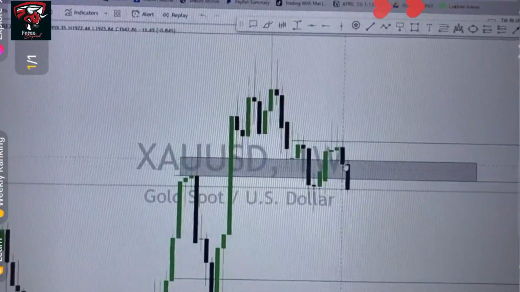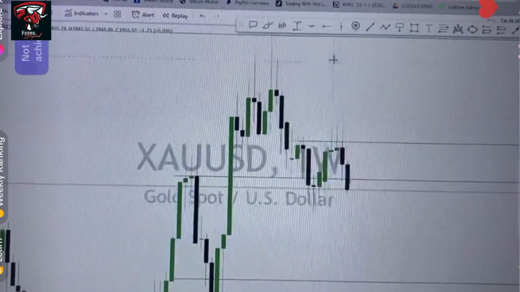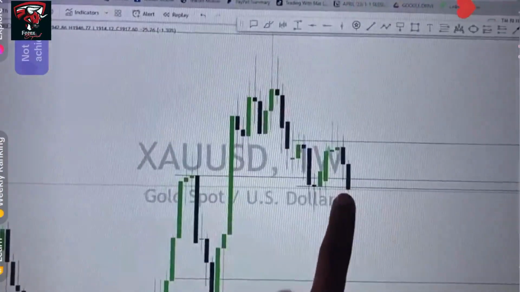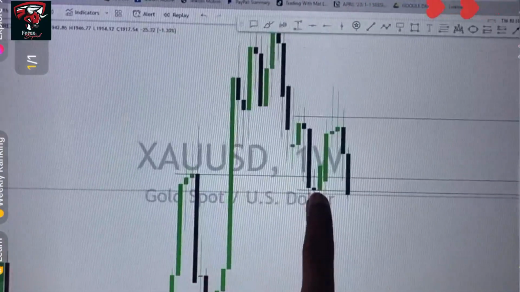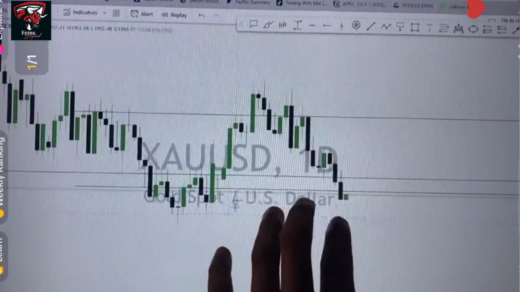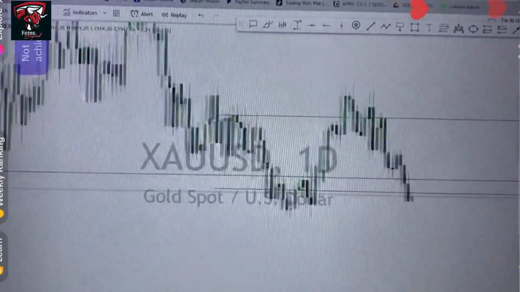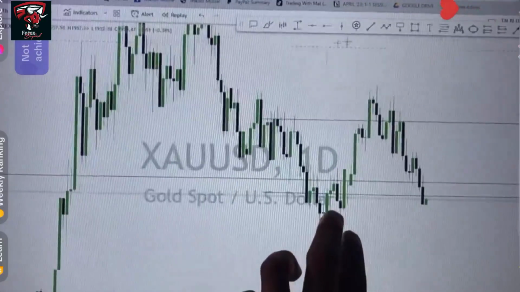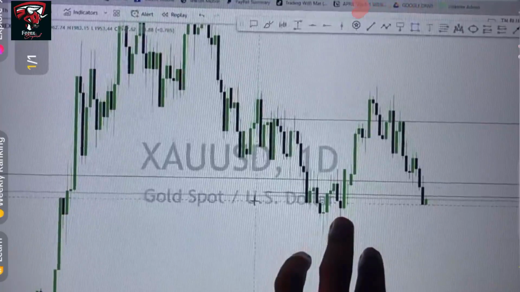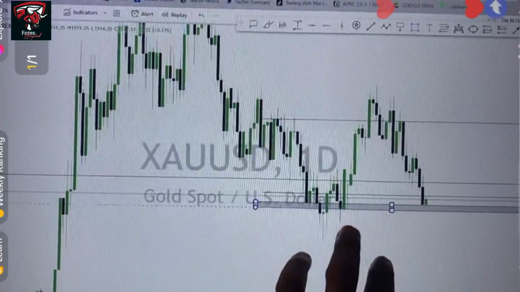But I'm not a market maker. Did the market close above or below this area on the daily? I hope gold is not the one to ruin all my analysis today. But what I can see is that we actually have a support area here.